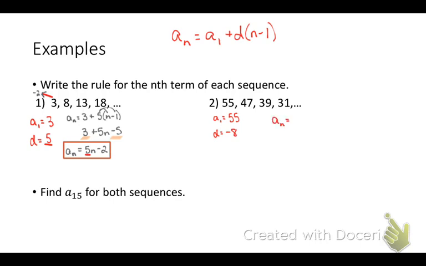I have a sub n equal to 55 minus, I'm going to go -8 times n minus 1. Distribute the -8 to everything inside, so I have 55 minus 8n plus 8. Combine like terms, so -8n plus 63. That's my rule.